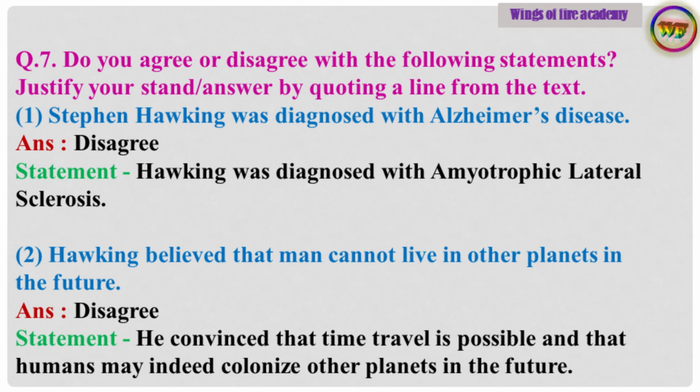Sub-question 2. Hawking believed that man cannot live on other planets in the future. Answer. Disagree. Statement. He was convinced that time travel is possible and that humans may indeed colonize other planets in the future.